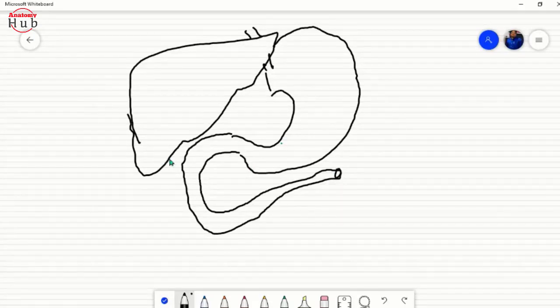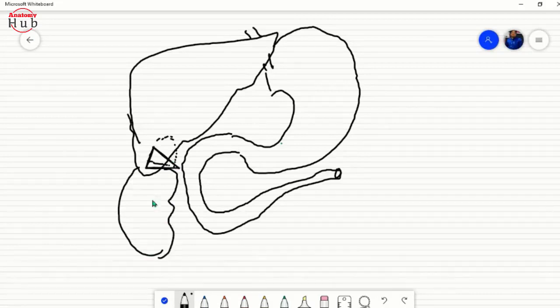At this point you will find the presence of your suprarenal gland, and along with that, the right kidney over here.